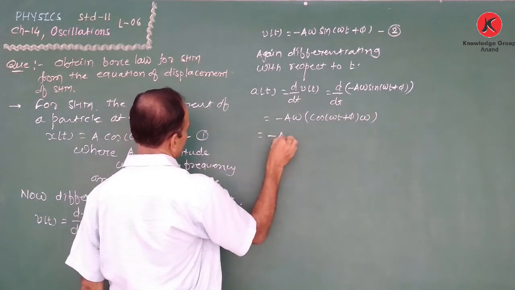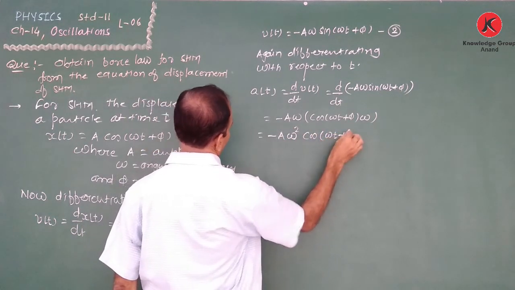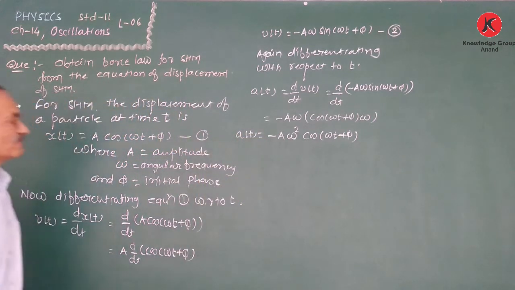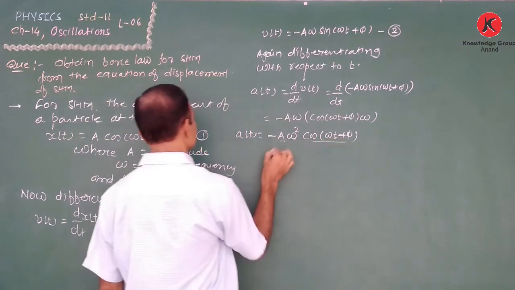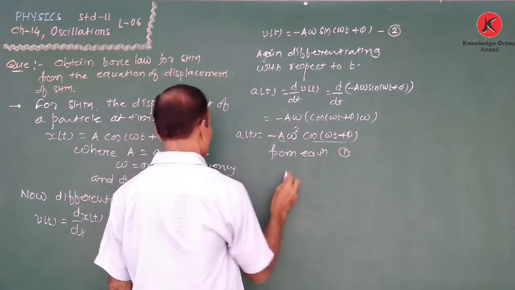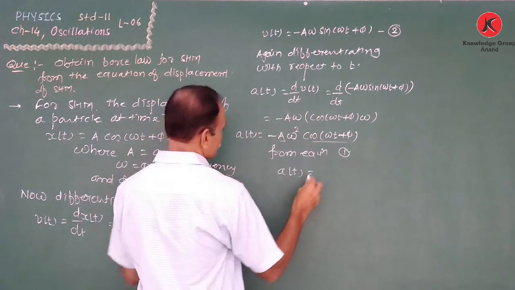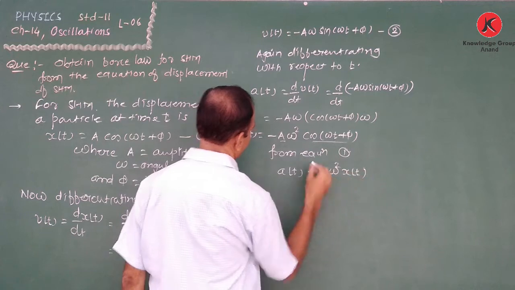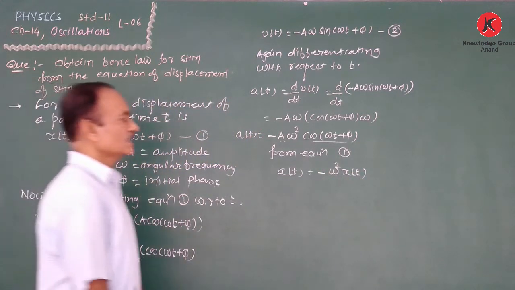Therefore, a(t) is minus A omega square cos(omega t plus phi). But from equation 1, a(t) is equal to minus omega square x(t). That is equation 3. Clear?